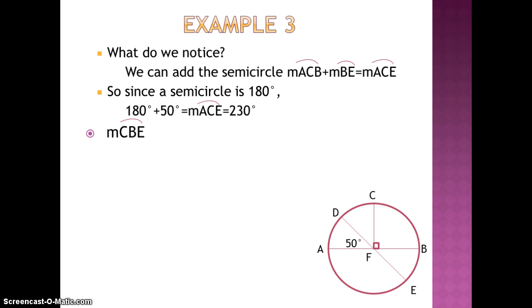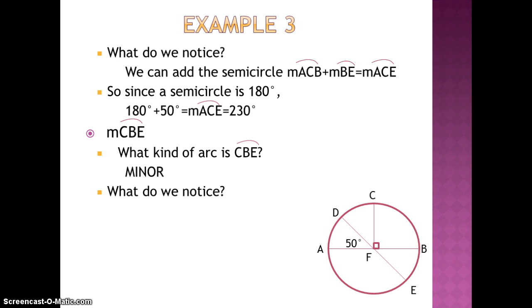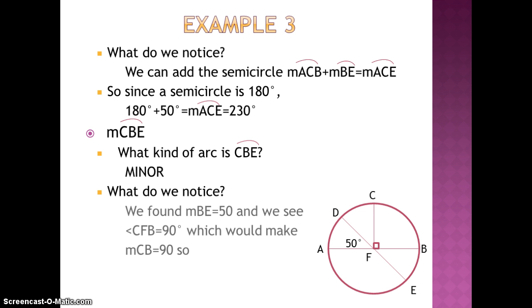Now we're going to find the measure of arc CBE. What kind of arc is CBE? It's a minor arc. What do we notice? We found the measure of arc BE to be 50, and we see that angle CFB is 90 degrees, which would make arc CB equal to 90.